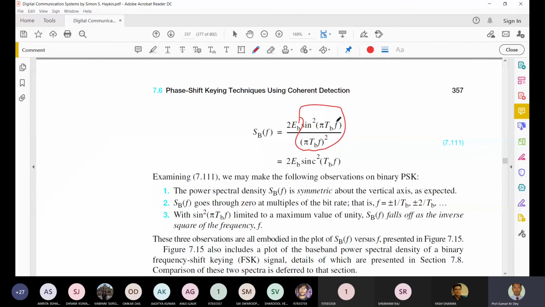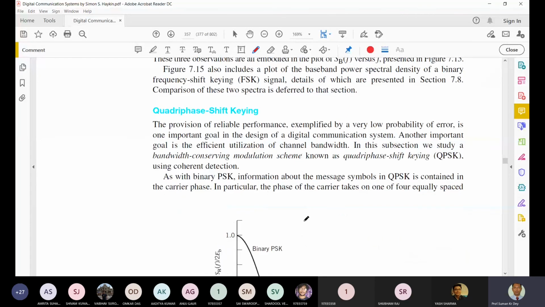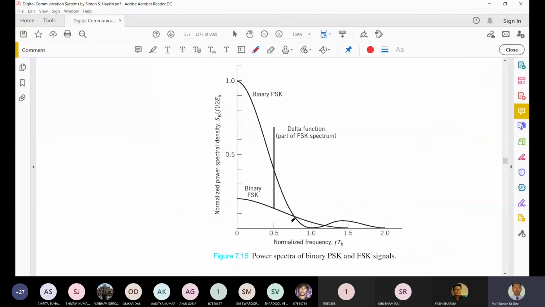Now this is the same sinc square. This term is limited to a maximum value of unity. That means S(f) falls off as the inverse square of the frequency f. Now if we draw the spectrum, it will always be a positive value. This is the power spectrum density for the BPSK signal.